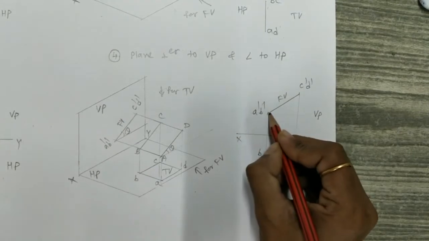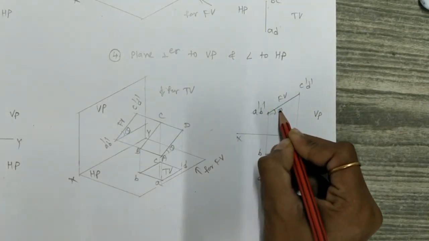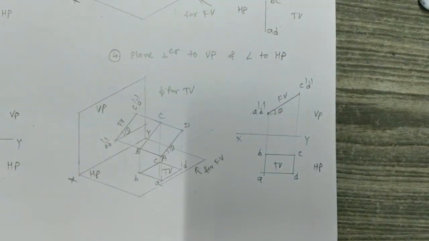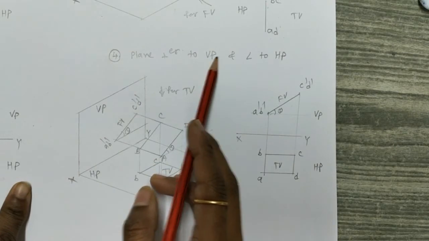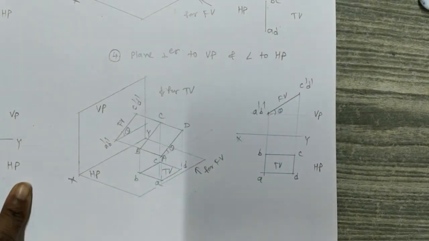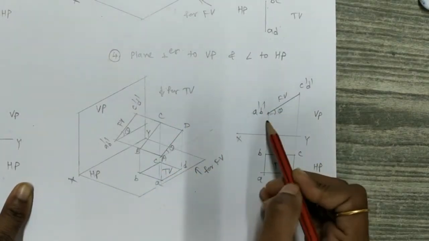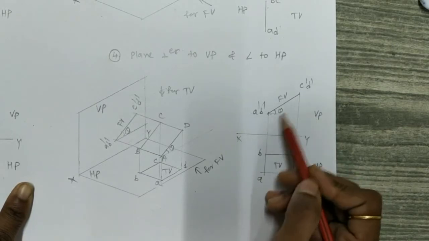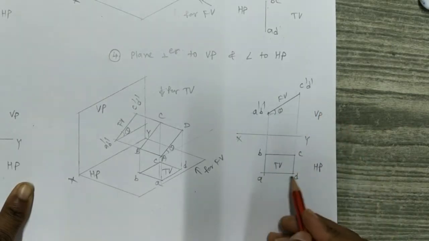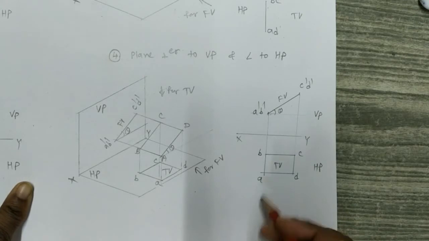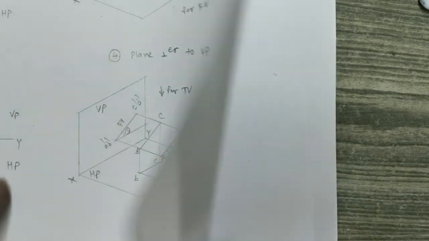And give this inclination angle theta. So remember, when plane is perpendicular to VP and inclined to HP, then there is an inclined line of front view in VP and in HP there is a rectangle, that is top view.